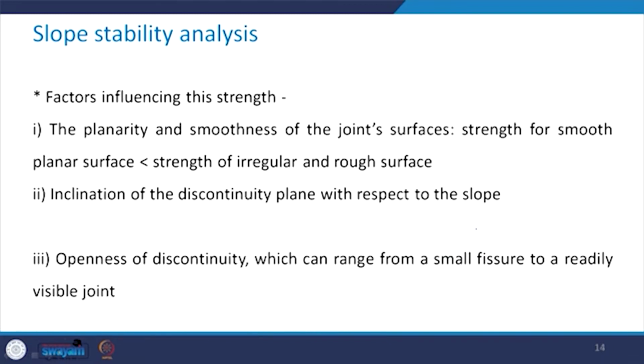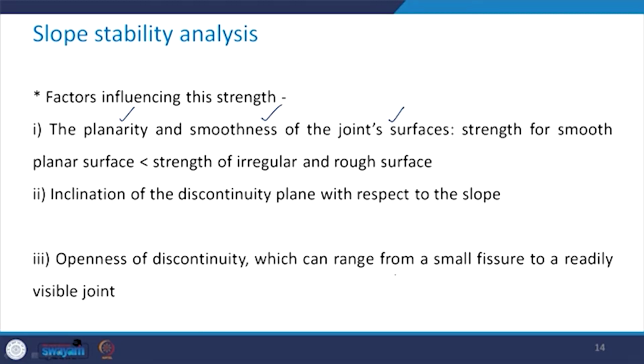The factors which influence the strength characteristic of the joints or the bedding planes include the planarity and smoothness of the joint surface. This we have seen when we were discussing the characteristics of the joints and the classification of rocks and rock masses.